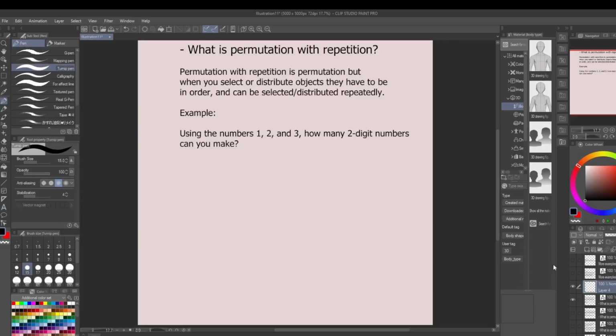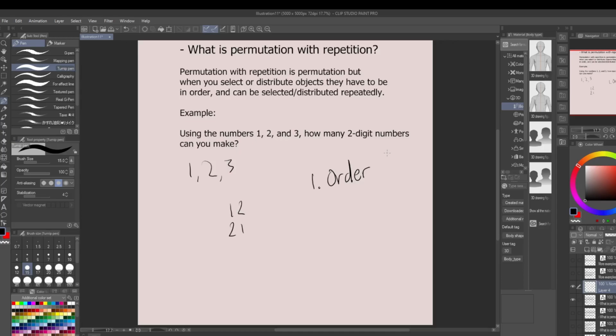So if you have the digits 1, 2, and 3, we can identify this as a permutation problem because if I take the numbers 1 and 2 and make 12 and 21, I can't just say that they're the same thing. So order matters. Except now we have to identify whether this is a repetition problem or not.